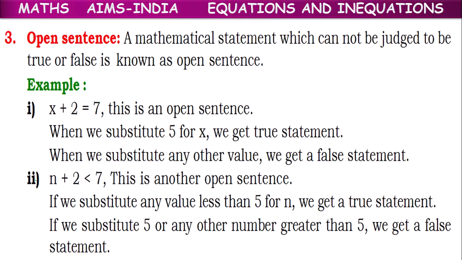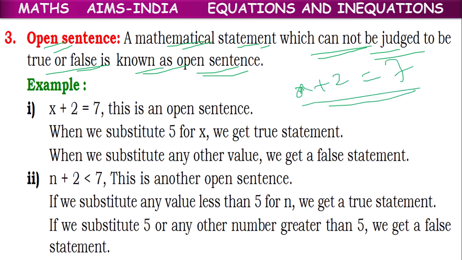Next children. Next we have open sentence. Means a mathematical statement which cannot be judged to be true or false is known as open sentence. So x plus 2 equal to 7. It's an open sentence. If we substitute 5, it is true. If we substitute 4, it will be false.